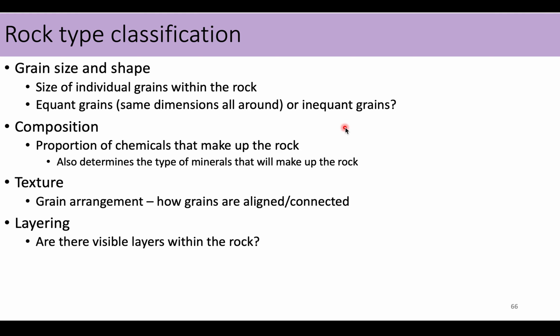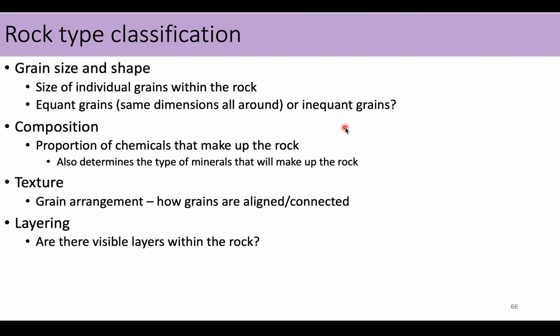When we look at classifying rocks, we look at a couple of things, similarly to how there are a couple of things we look at with minerals. We look at the size and the shape of the individual grains. For the grains within the rock, are they equant, meaning all of the different grains are the same dimensions all around, same size, or inequant in that it's more variable?